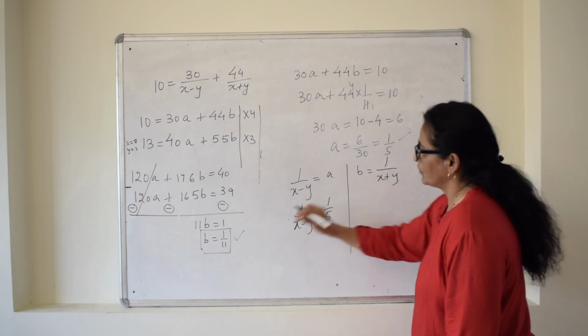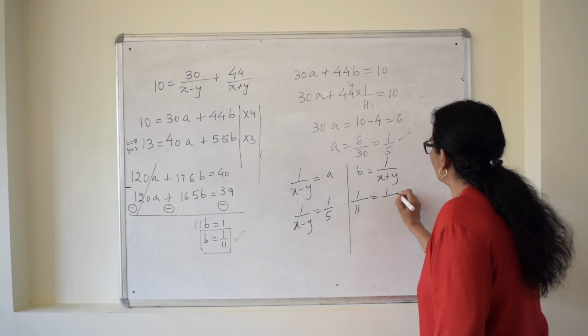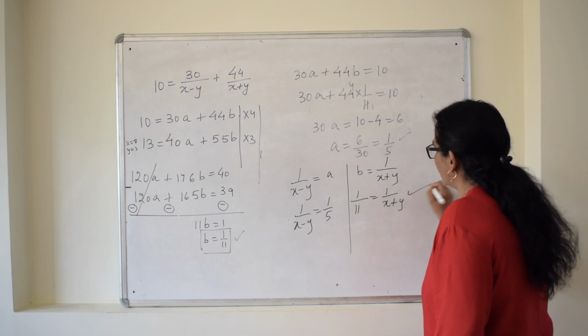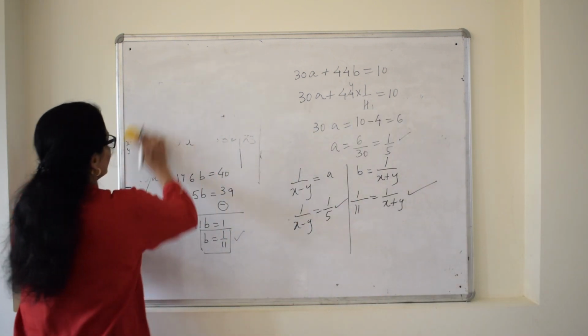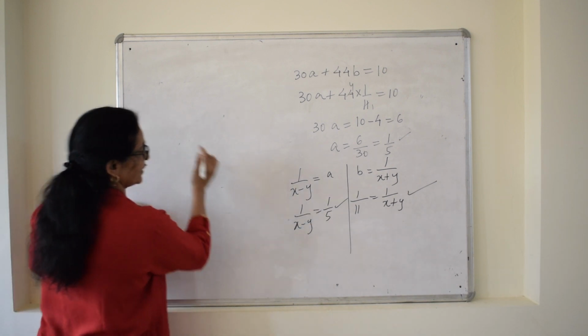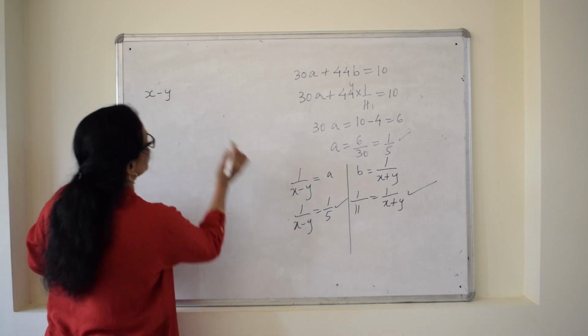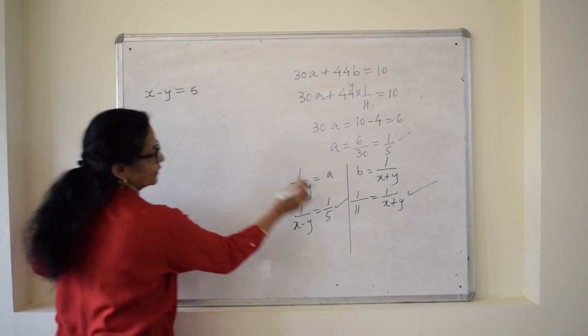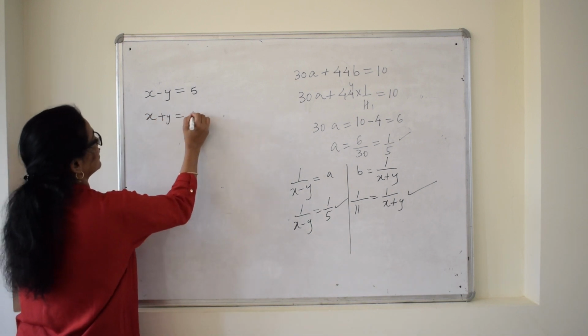So here b is 1 upon 11, that is equal to 1 upon x plus y. Now look at these two. These are again two equations in x and y. We will solve it by cross multiplying. So here it will be x minus y is equal to 5 and x plus y is equal to 11.